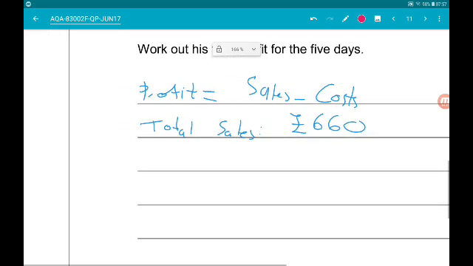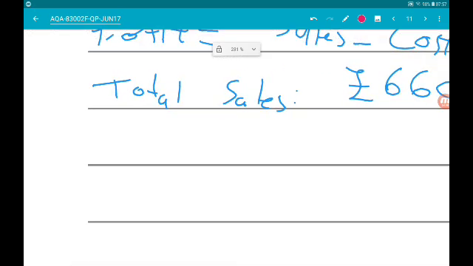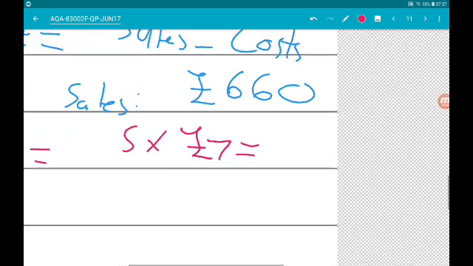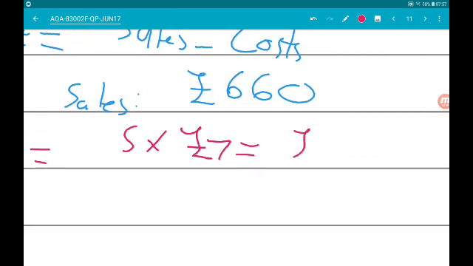Now let's work out his costs. So his fuel is £7 per day for 5 days. 5 times £7 is £35.